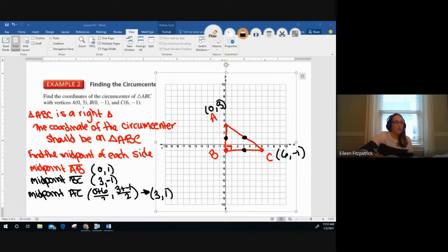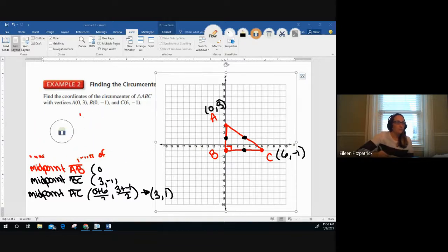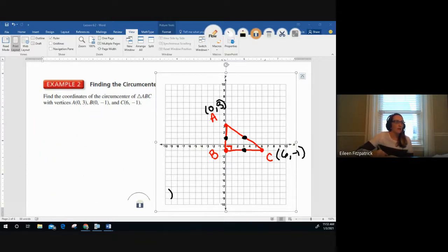All right, now let me clear this so that I have more room to write. Now remember the goal is to find the intersection of your perpendicular bisectors. So if you are able to draw a line without having to calculate the slope and do all that, then go ahead and do that.